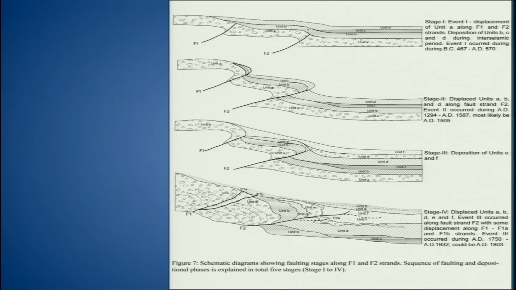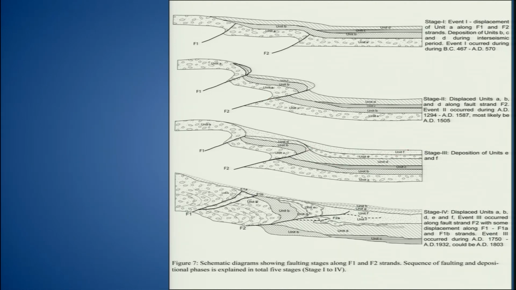So we see here, and then there was a phase of deposition which deposited units B, C and D, and after this there was an event which again displaced F1 and F2, and displaced all the units which were deposited along with the older one, that is your unit A.